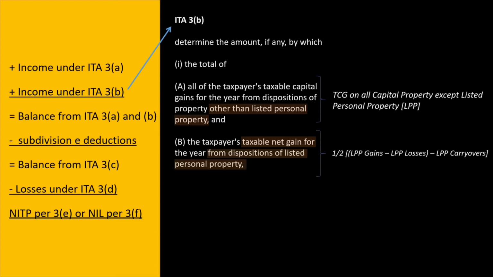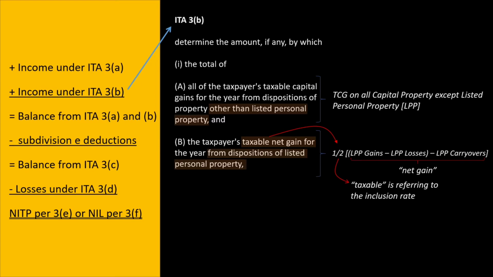Now, the word taxable that's highlighted here under B is referring to the 1/2 inclusion rate. Net gain is referring to the rest of this in brackets. LPP gains subtract LPP losses for the year, then subtract any LPP carryovers from another year.